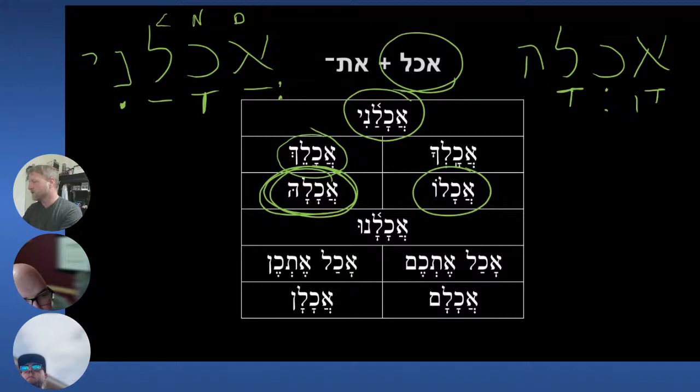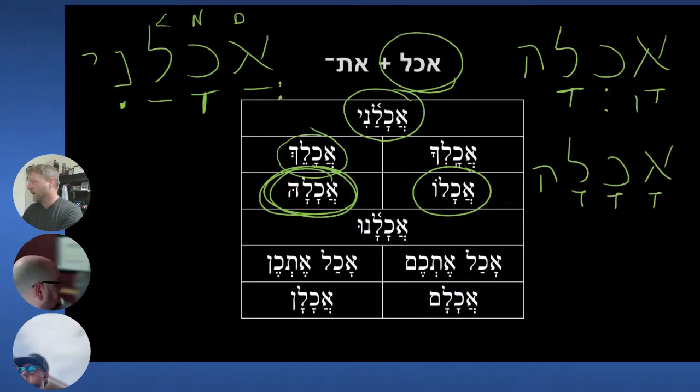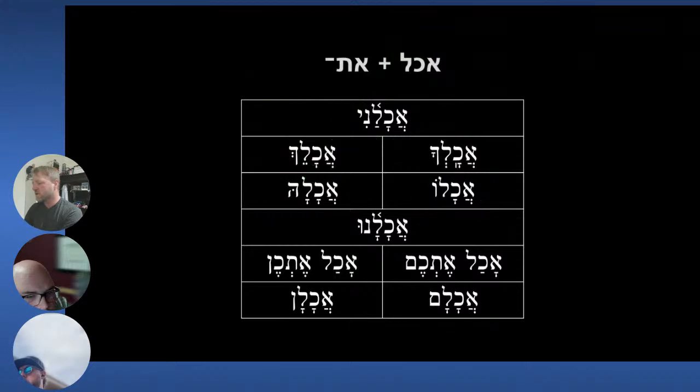When achla is in pause, we should expect to see achala. Going back to the historical form, achal, achala, and that's what we're going to see in pause. Pause meaning at the end of a verse or with a major disjunctive accent.